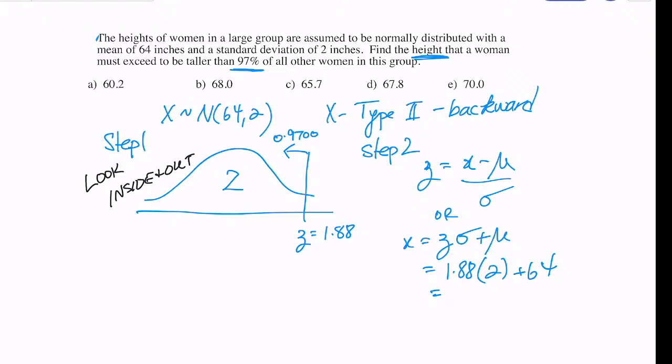So we convert from 1.88 standard deviations into inches. 67.76, or about 67.8 inches. Exactly. And we did everything. There you go. The answer is D.